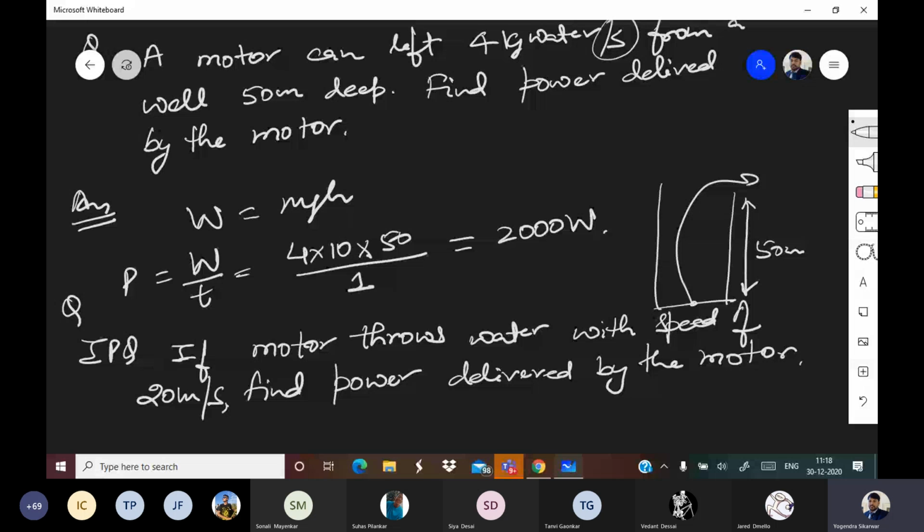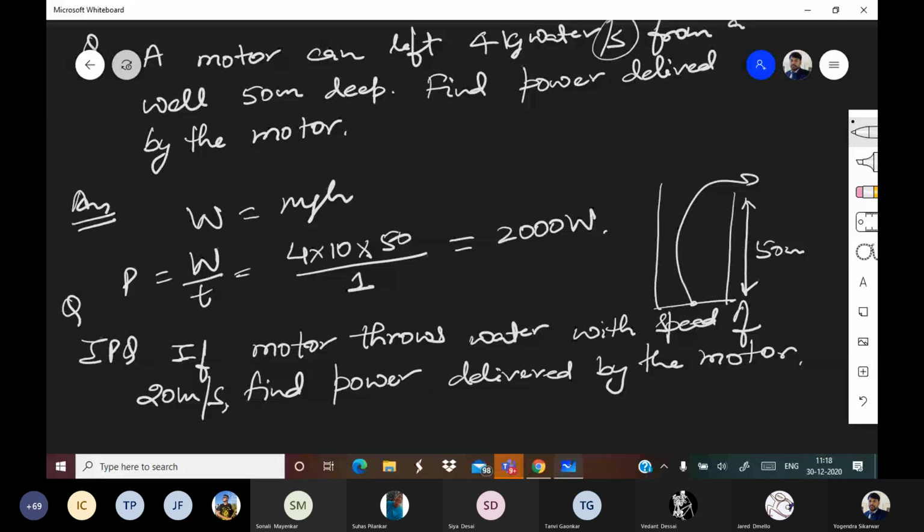You guys are not understanding the meaning of question properly. That's why you are answering like this. In last question, the only effort which the motor was doing was to lift water from well to the ground level.